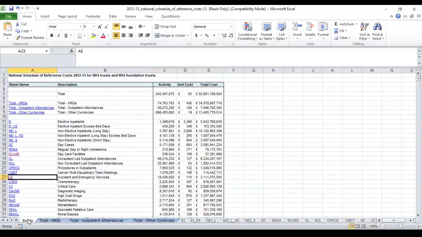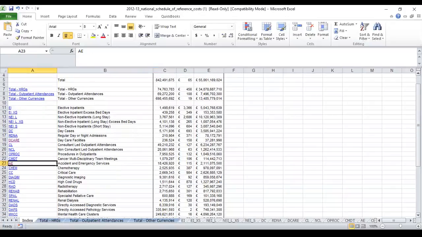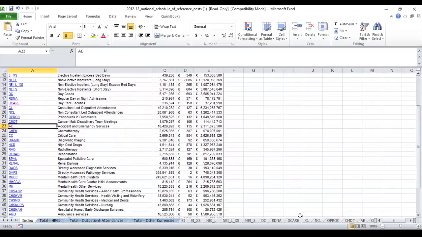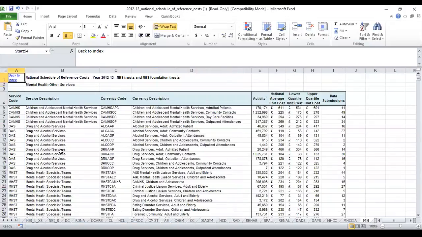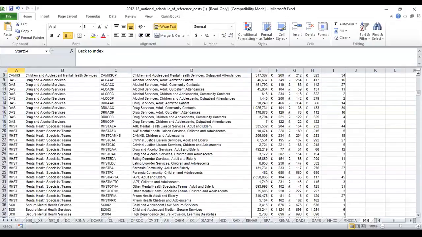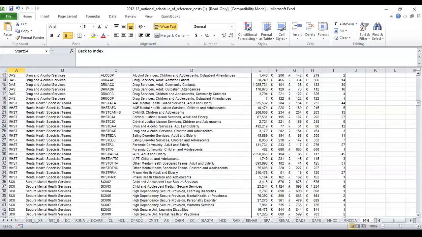One of the other things that I have used it quite a lot for is the mental health other services, because this is quite frequently around drug and alcohol services. If someone's an admitted patient, mental health services, children with mental health issues, there's all kinds of different things within there.